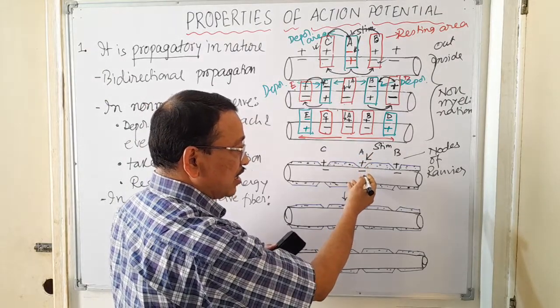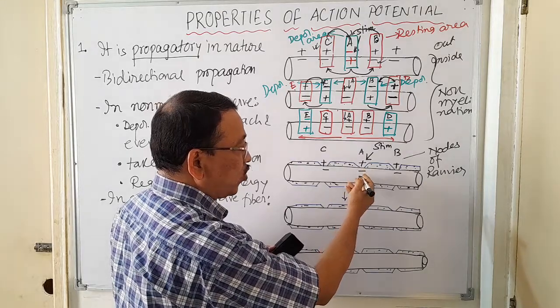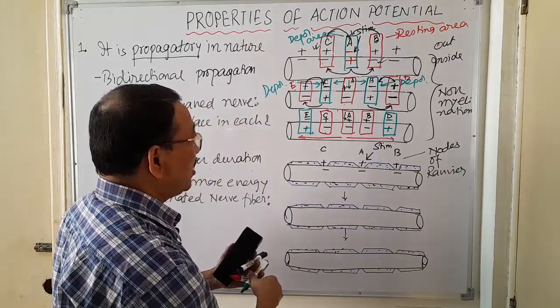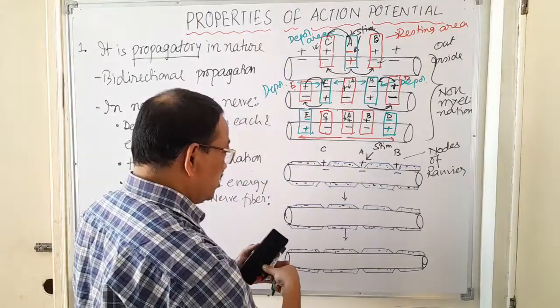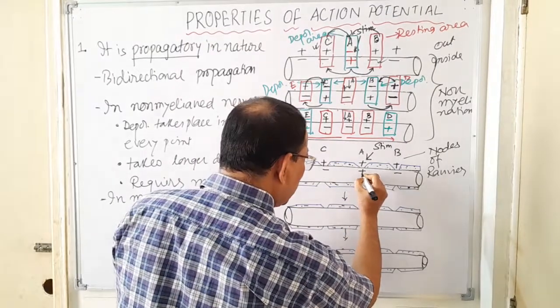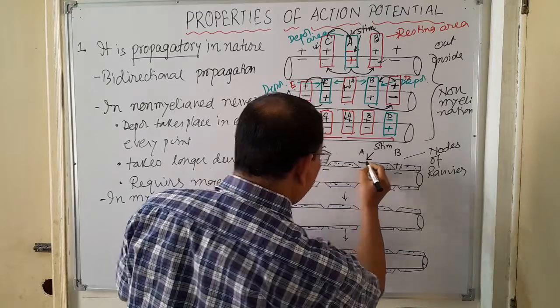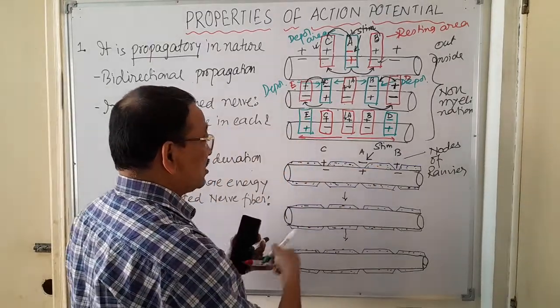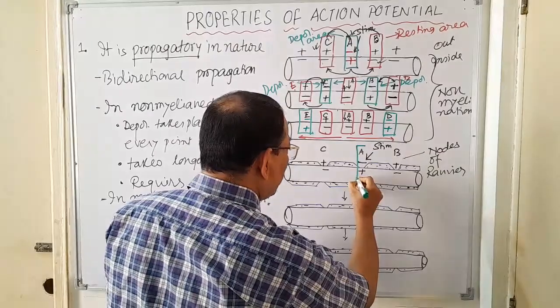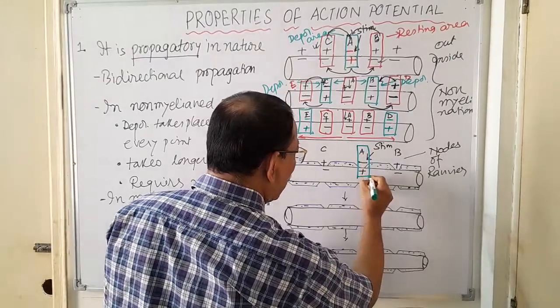That results in the reversal of the inside electronegativity. So now inside will be electropositive and outside will be electronegative, and that area is known as the depolarized node of Ranvier.